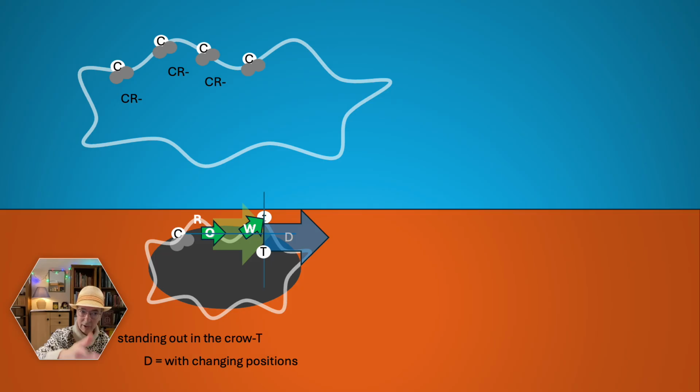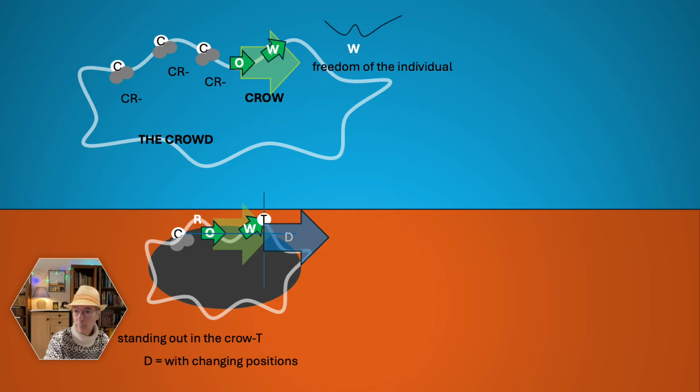So CR is of course repetitive within this pattern because of the R. The O and the W give it a certain position. The W itself, as you know already, is this wave with a loose open beginning and a loose open ending, and so the crow in the crowd is quite a good expression, because the crowd is all these positions that you can have. It could be people, of course.